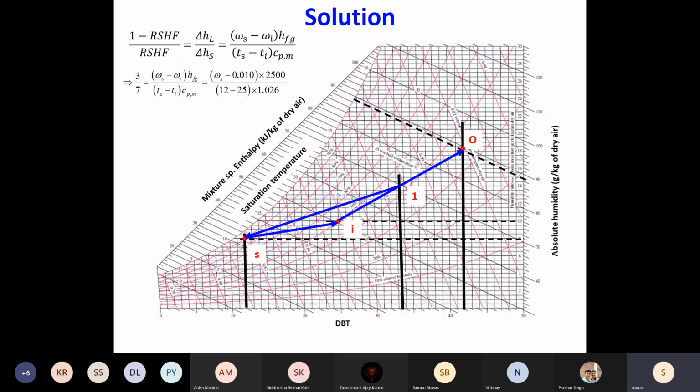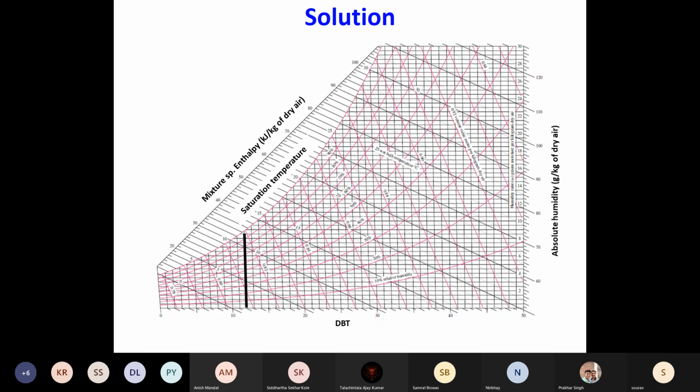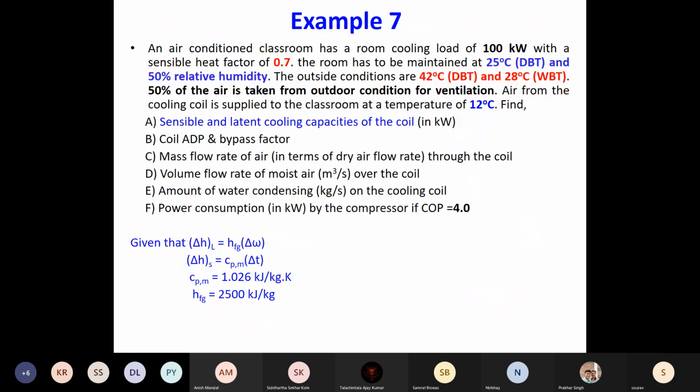So now let's go back to the example problem. In an air-conditioned classroom, the cooling load is given as 100 kilowatt with a sensible heat factor of 0.7.